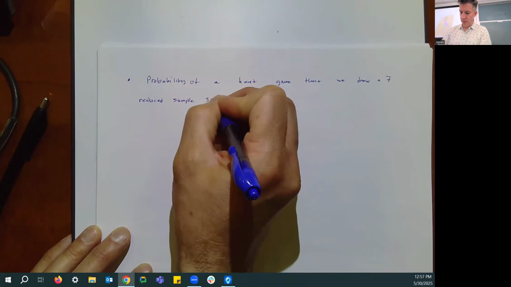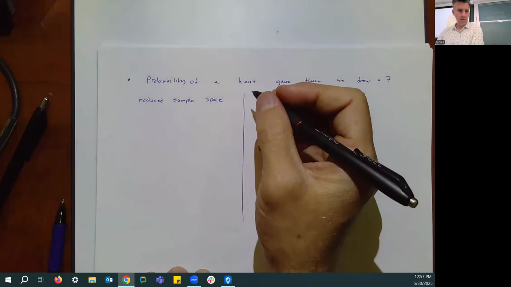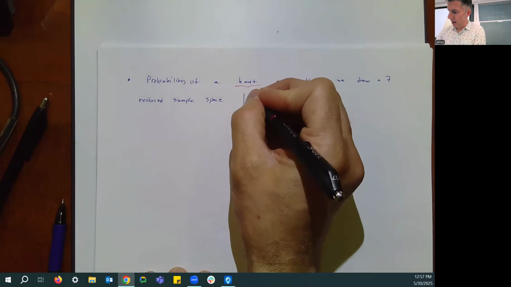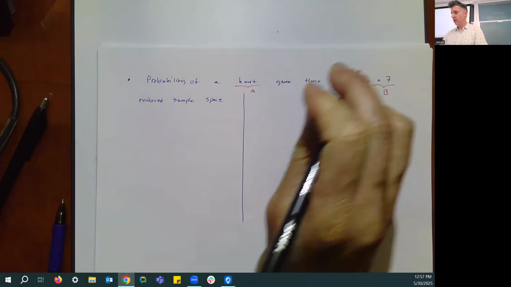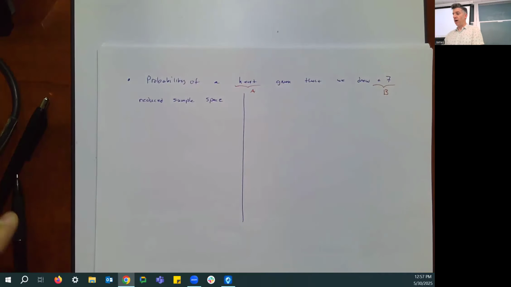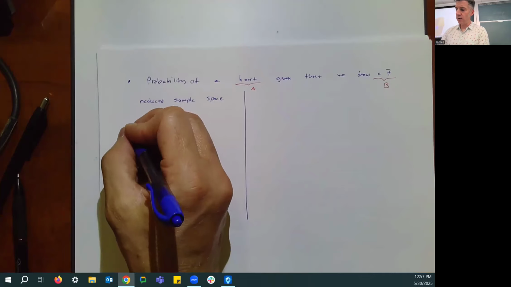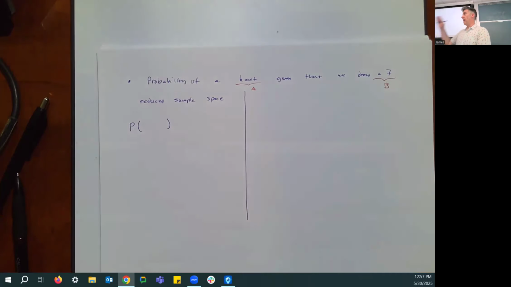Oh, and it is good to label things here. Let's call getting a heart A and getting a 7 B. So I want to find the probability of, okay, here's a good question. Is it A then B, like A vertical line B, or is it B vertical line A? It's hard to know.